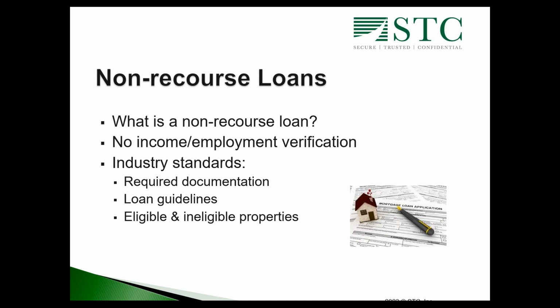Now, loan guidelines. The maximum loan to value that we've seen is 70%. So you are going to have to put down a larger down payment than you would on a personally guaranteed loan. So 30% minimum or more. Maximum term, 20 to 30 years, could be that long. We've also seen adjustable rate mortgages, 3-1, 5-1, 7-1.